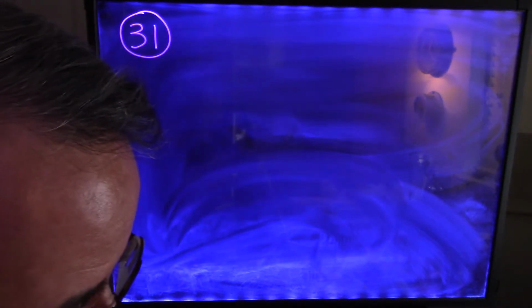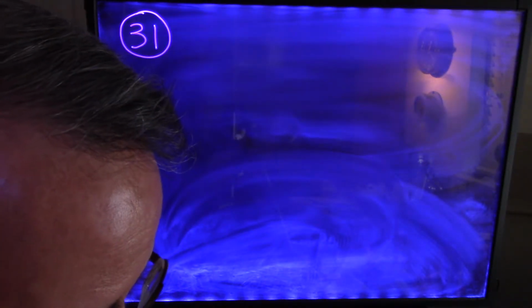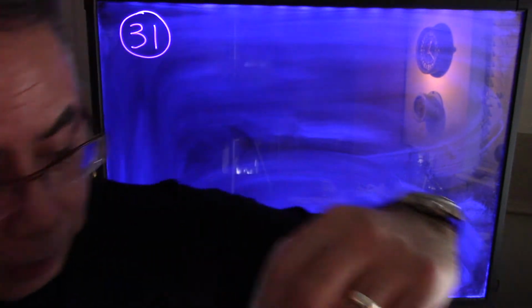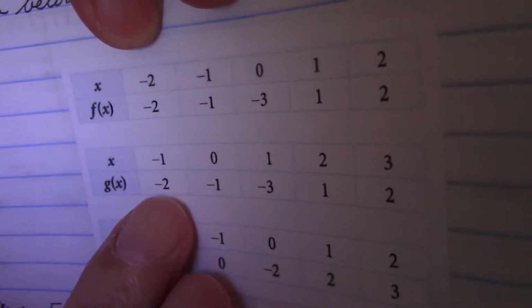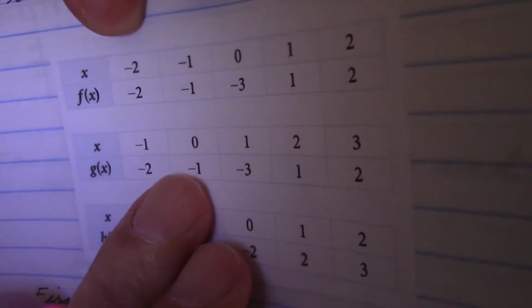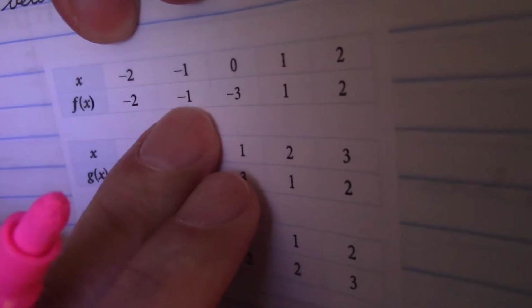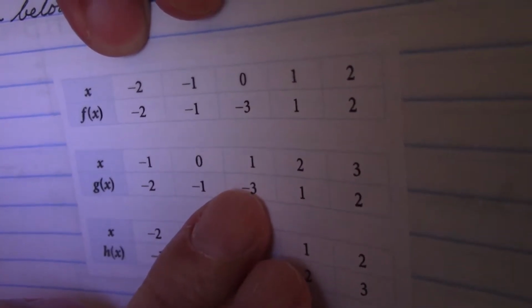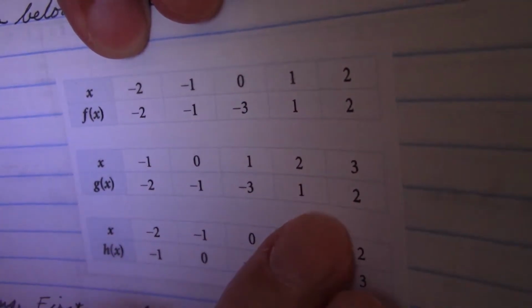Okay, let's first consider g of x. Now, if you look at the function values, that is the outputs, compare that to f of x. Take a look here. -2, -2, same thing, -1, -1, -3, -3, and so on, right?